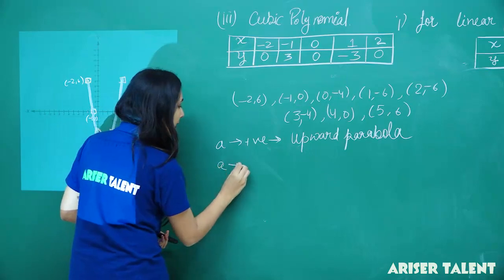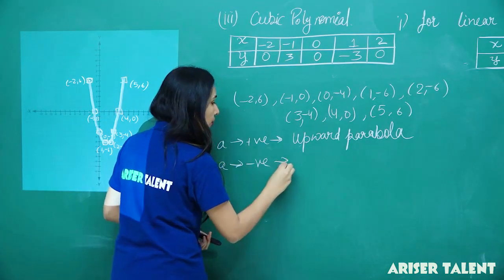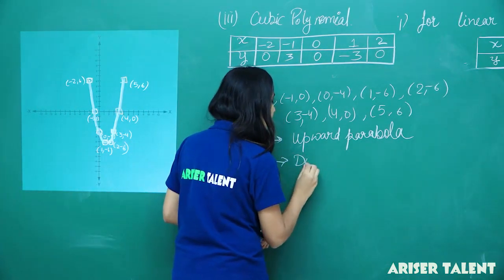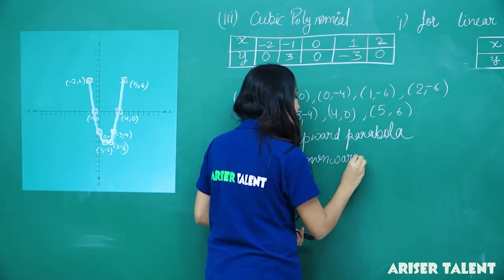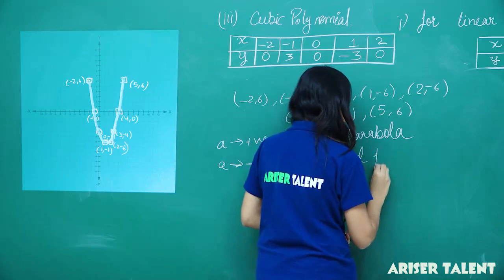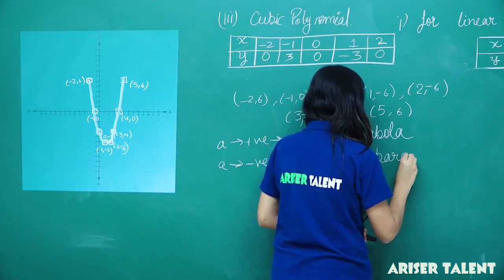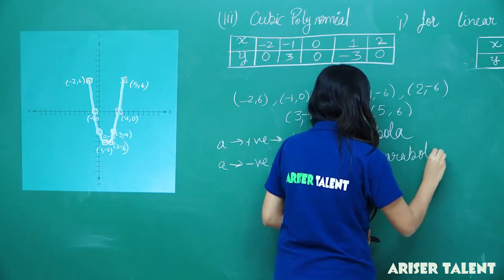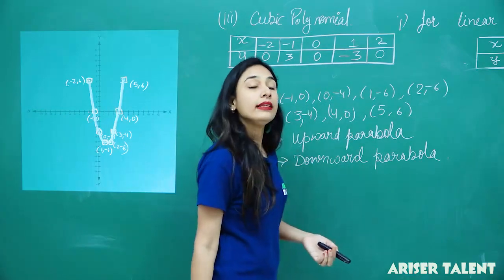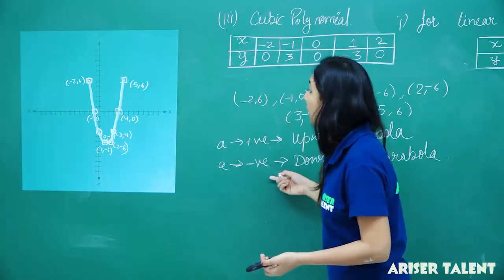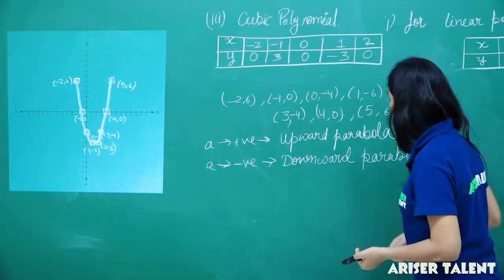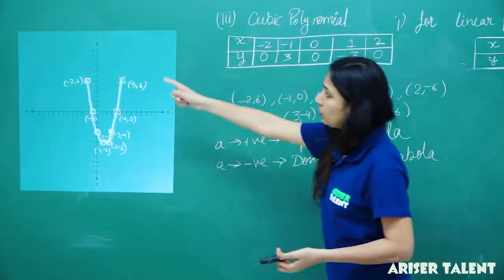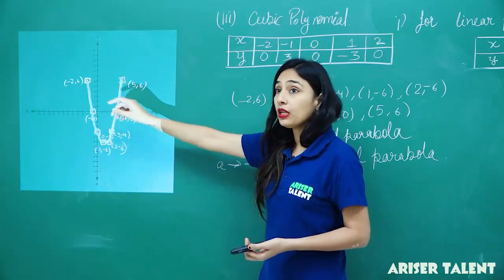And if a is negative, what will we have? A downward parabola in a quadratic polynomial. We have read it in 9th class, so I'm just reminding you. Okay, so we are getting a parabola here.